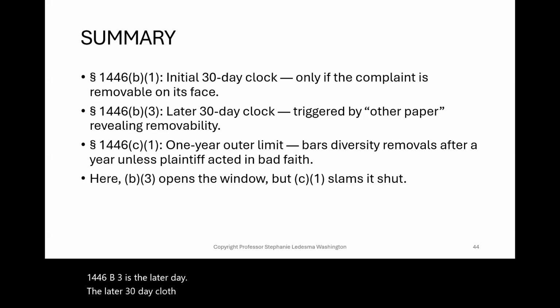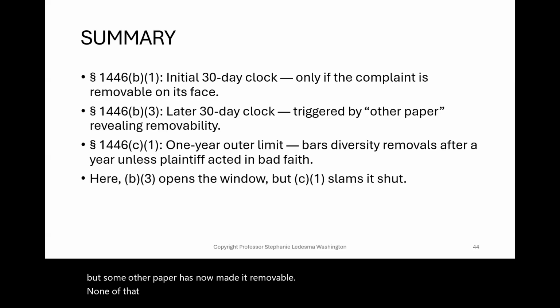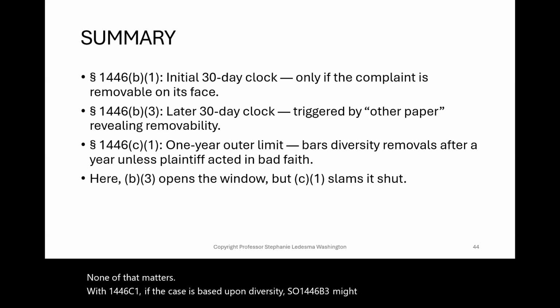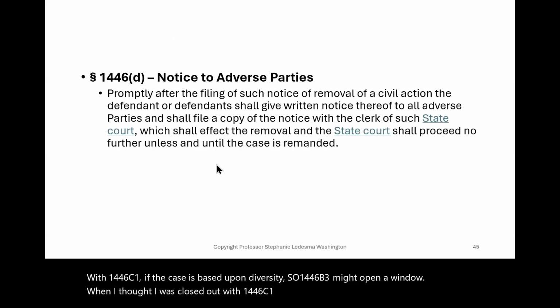That's my other paper clock, which means it wasn't initially removable, but some other paper has now made it removable. None of that matters with 1446(c)(1) if the case is based upon diversity. So 1446(b)(3) might open a window when I thought I was closed out, with 1446(c)(1) slamming it shut.